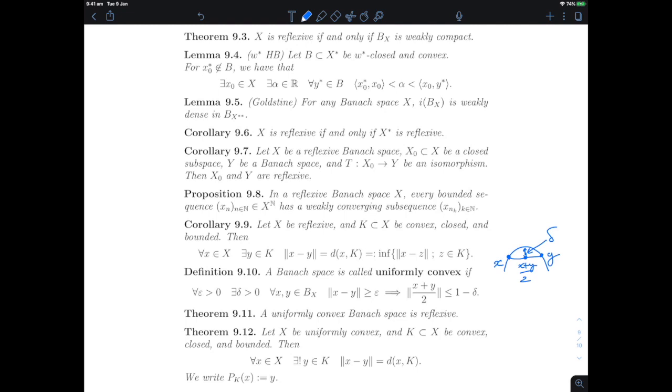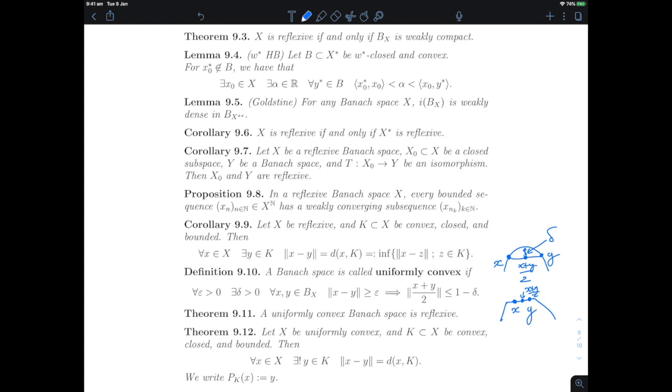Now, on the other hand, if your unit ball has a flat face, something that looks like this, you might have two points here that are epsilon apart, but their midpoint is exactly on the boundary of the unit ball, on the unit sphere. So the norm of (x plus y) over 2 is equal to 1. It's not smaller than 1 minus delta, despite the norm of x minus y being greater than epsilon.